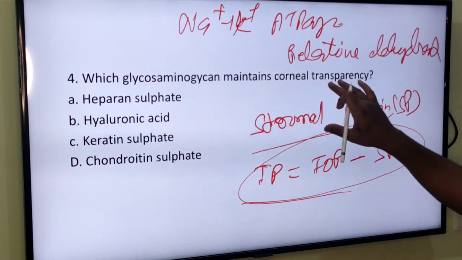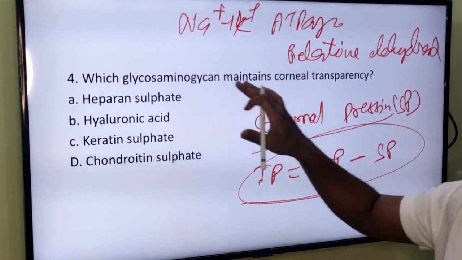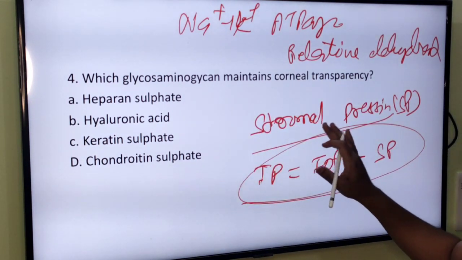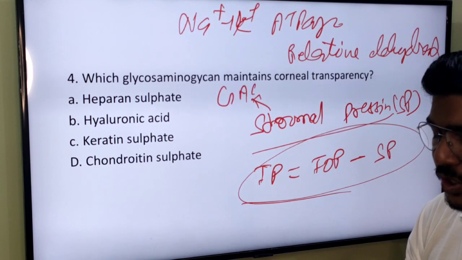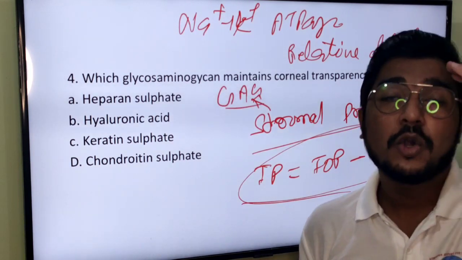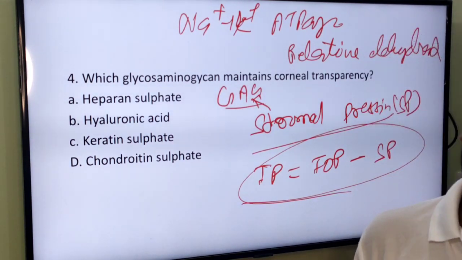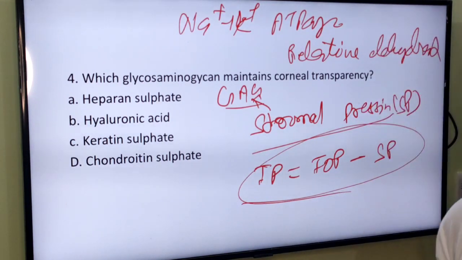Why and how does the cornea become transparent? Because of this stromal pressure. This stromal pressure is contributed by GAG, glycosaminoglycans, right?